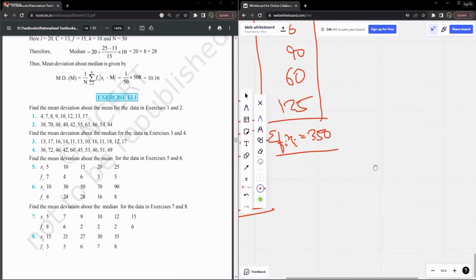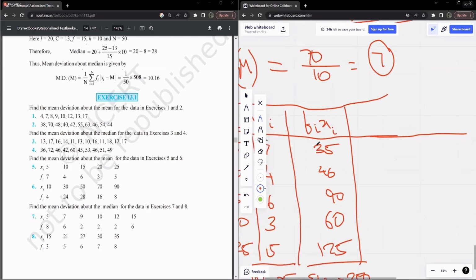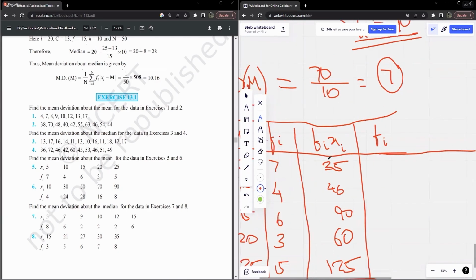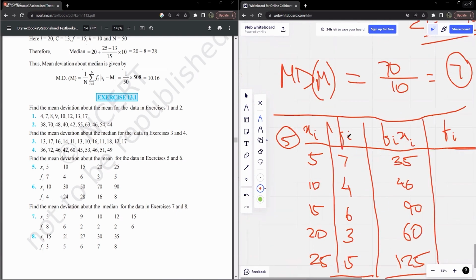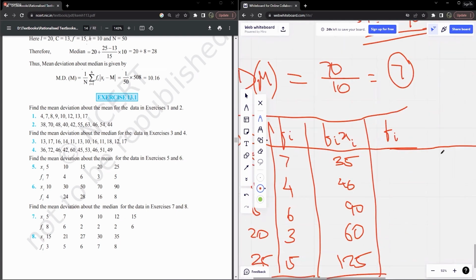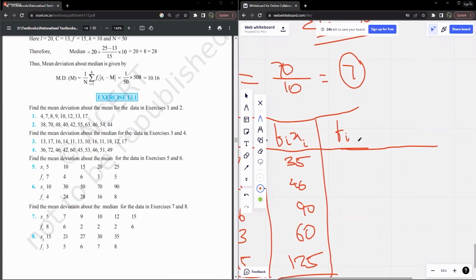Cool. So with that in mind, instead of calculating the different mod xi minus x bar over here, I'll do that in a single step, because I don't want to waste your time and my time.